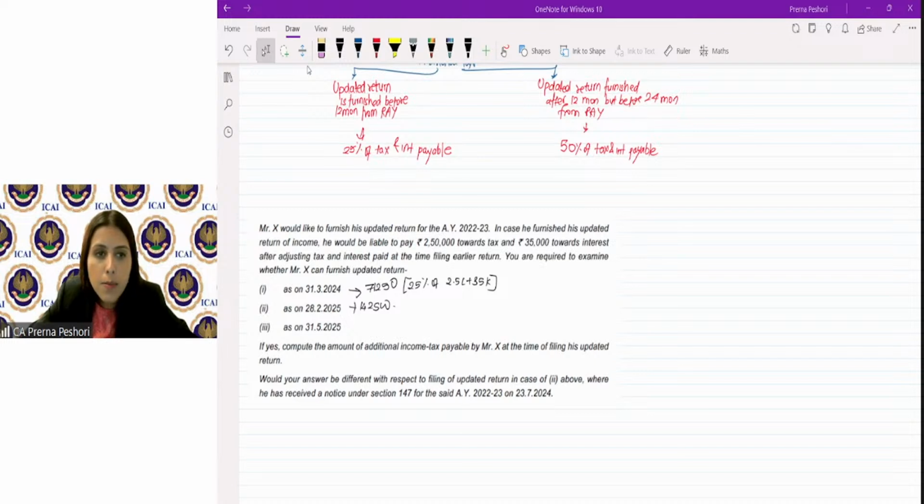What if the reassessment notice has been received? Yes, Mansha, you are right. What if the reassessment notice has been received? The second part of your question.